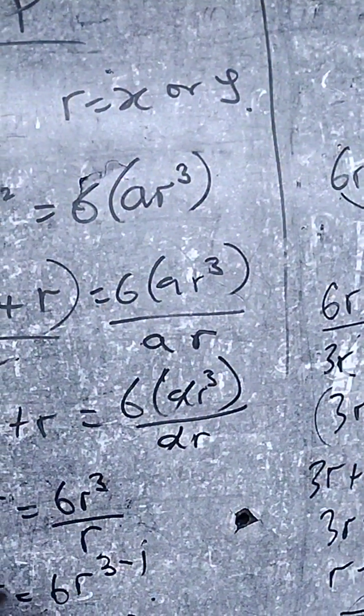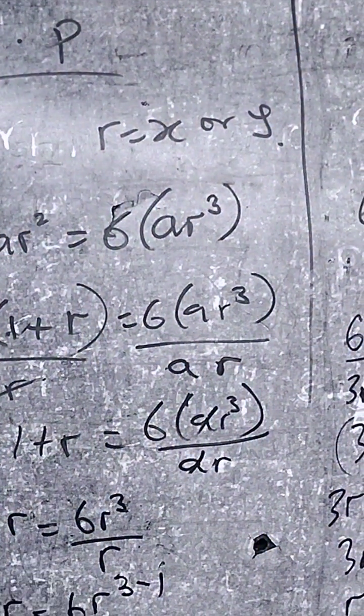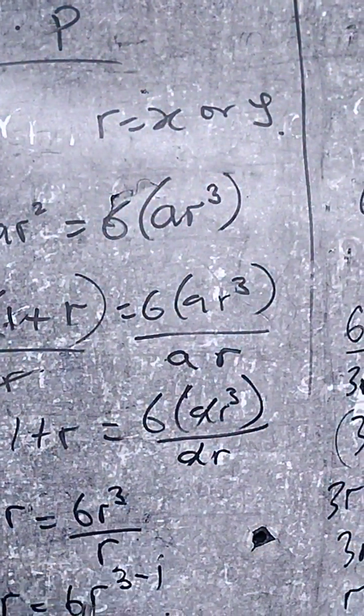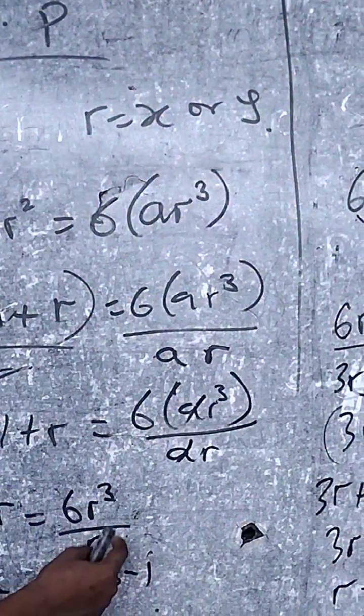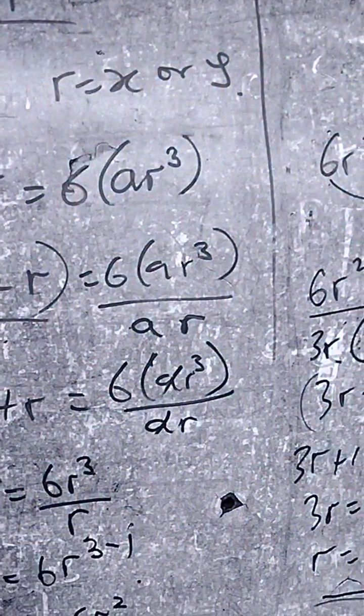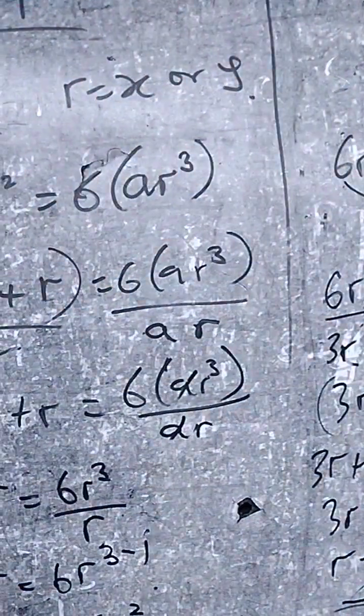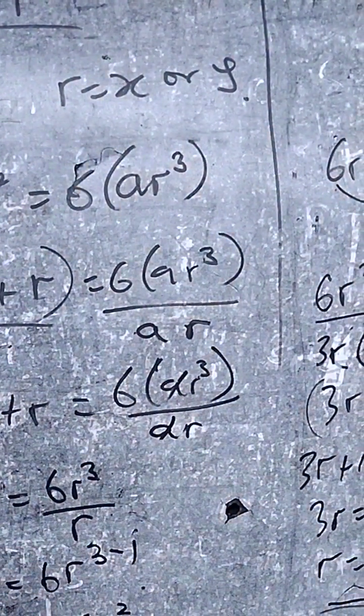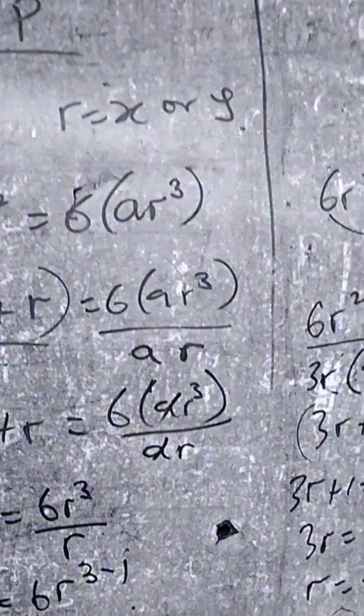So you have 1 plus R to be equal to 6R raised to power 3 minus 1. When you do that, you have 1 plus R is equal to 6R raised to power 2.